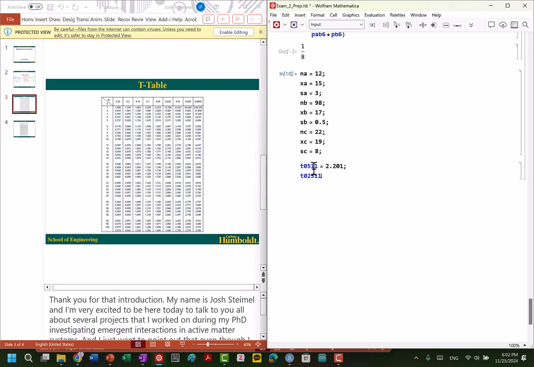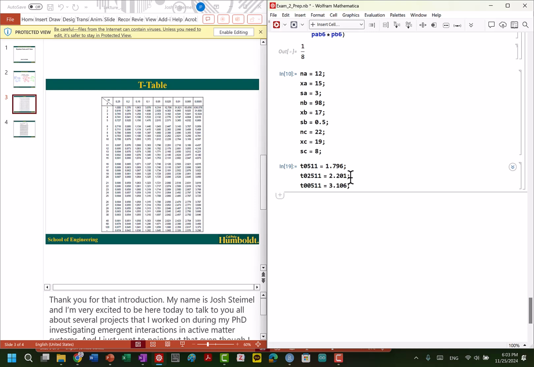Or actually, excuse me, 0.05 should be 1.796. So 1.796, 2.201, and then 95 should be 0.005, that should be 3.106. T of 0.005, 11 equals 3.106. Great. Okay, so those are my 3 t values for system A.